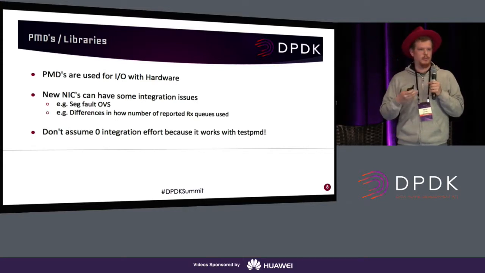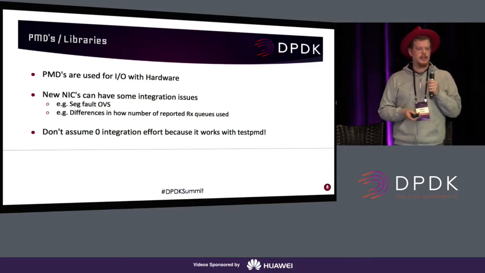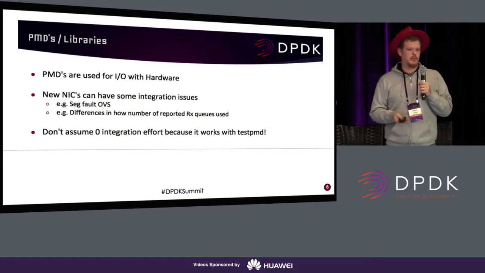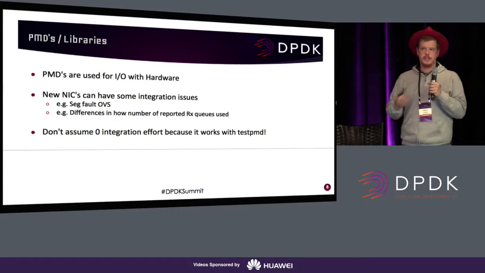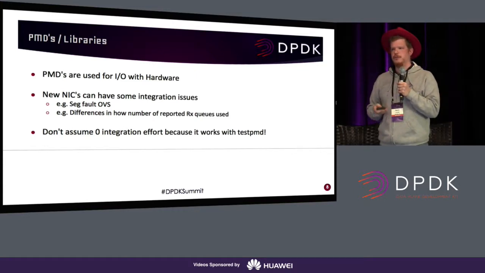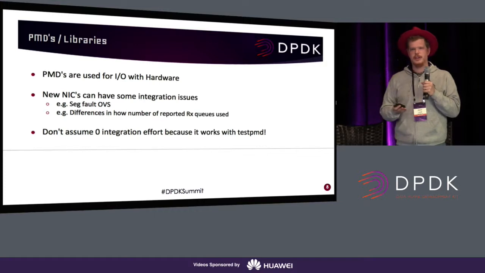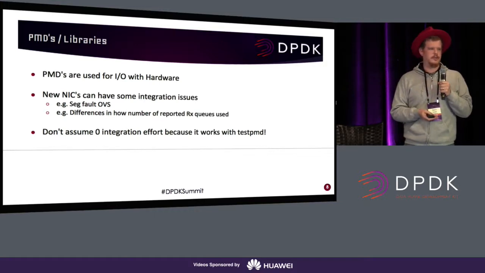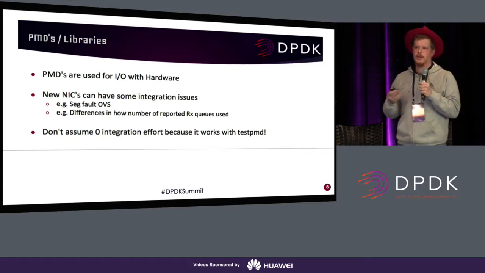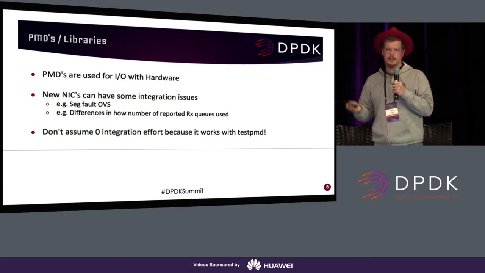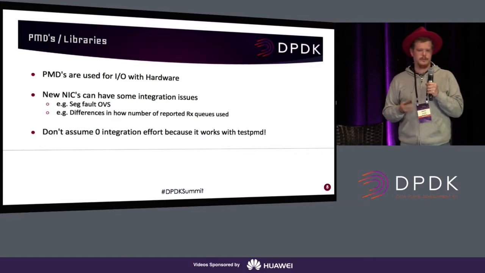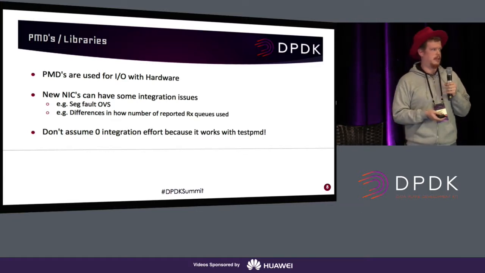Vendors will come with their PMD and say, hey, look, you can support our NIC, and they'll just use test PMD to run their NIC. We've seen first bring-ups of new NICs cause seg faults in vSwitch-D because either arguments weren't planned for, or order of operations they didn't expect, or lots of different problems.